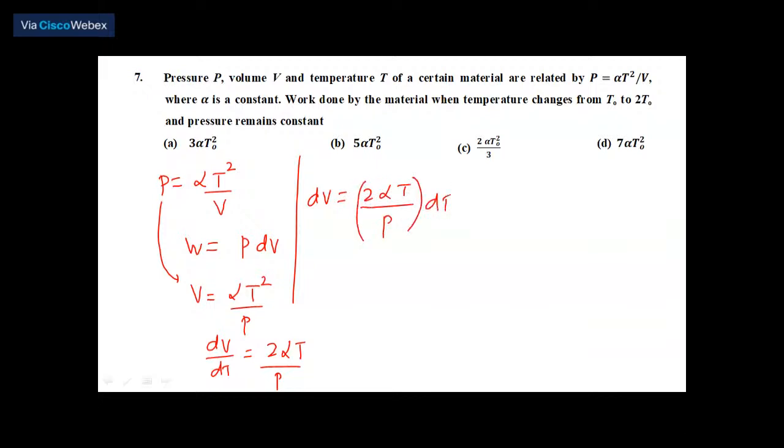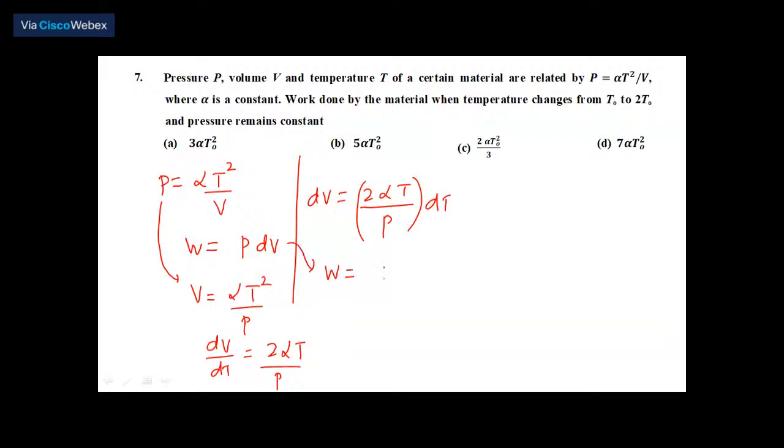Okay, this is the change in volume. Now, if you want to find the total work done during the change in temperature from T0 to 2T0, you have to integrate this particular equation.